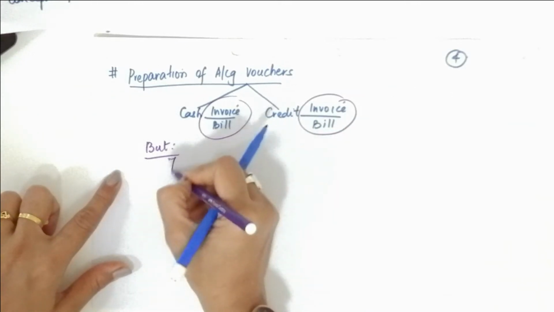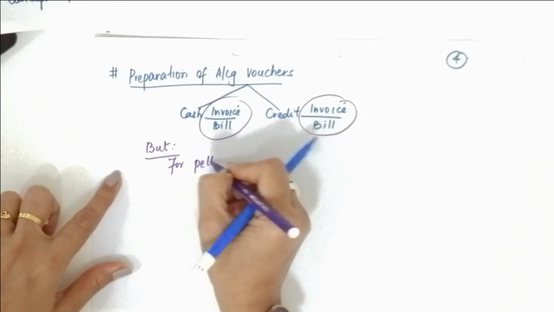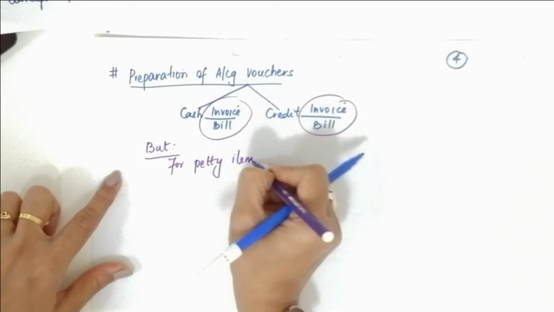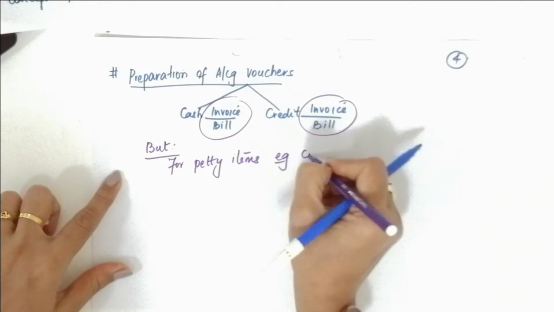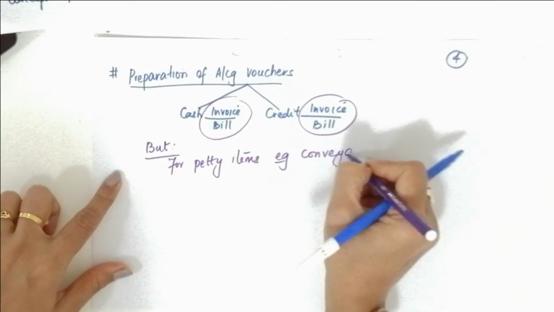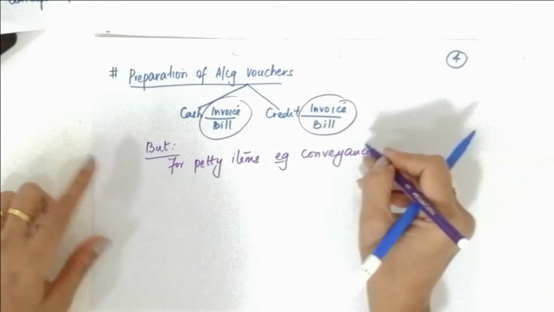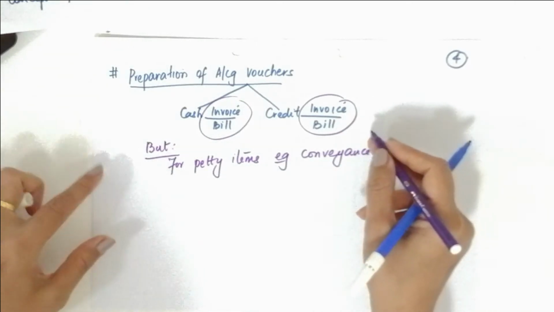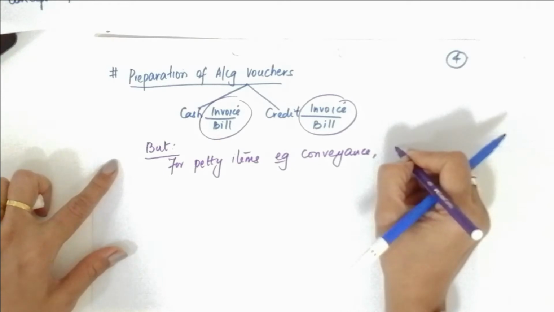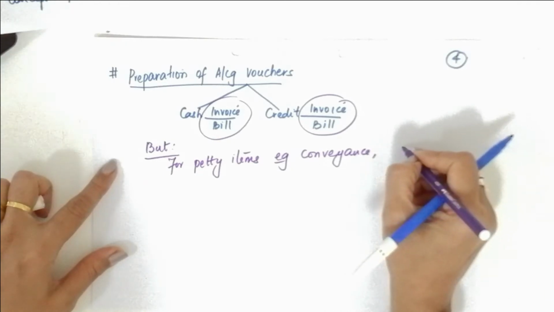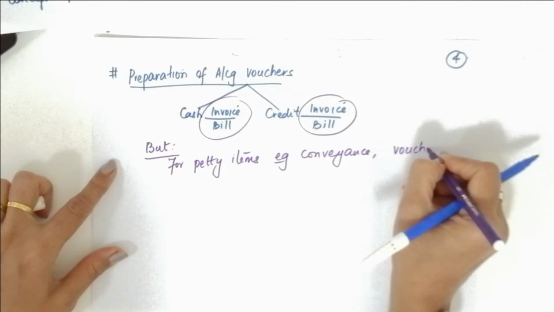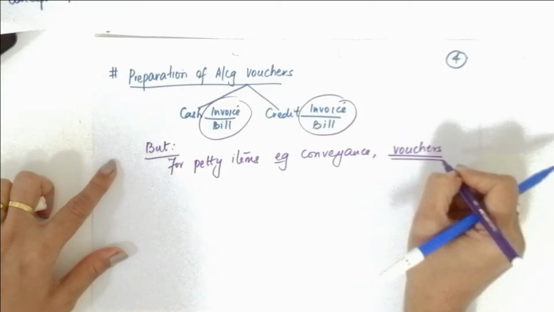But this forms a documentary evidence, proof of recording. But for petty items, for example, conveyance or bus travel or something for which you don't get the bill, what do we do? The company has its own vouchers, where the employee fills it up.